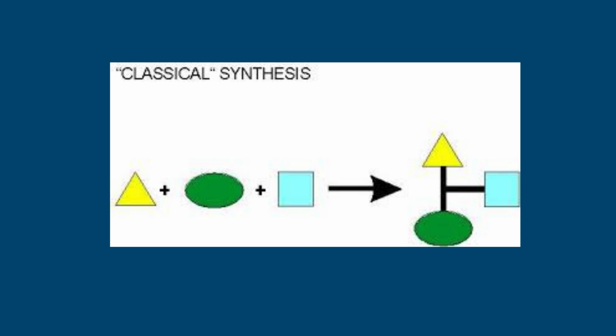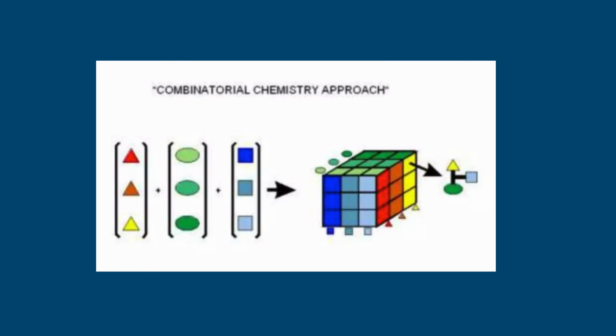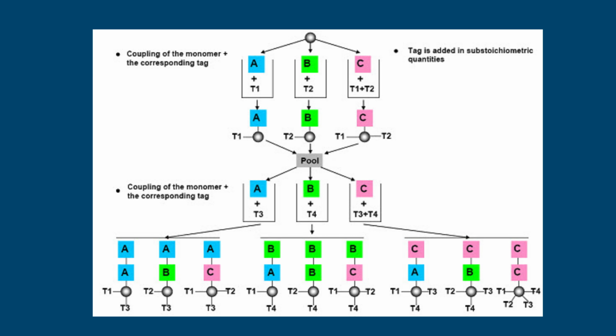In contrast to traditional organic synthesis, which typically produces one compound at a time, combinatorial chemistry enables the simultaneous preparation of hundreds to millions of compounds, thereby significantly accelerating discovery processes in pharmaceuticals, catalysis, and materials science.